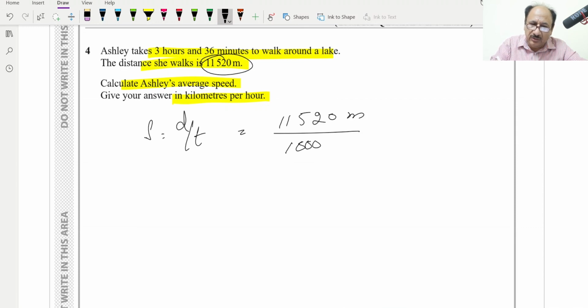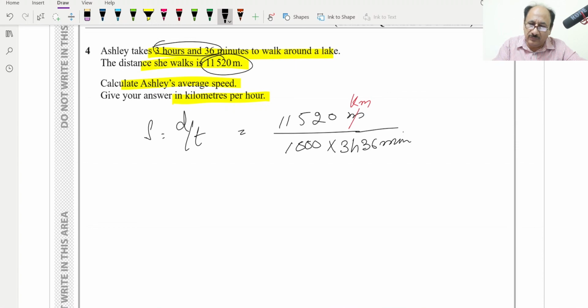Now this will change to kilometers. Now what we have done, we have taken the distance and converted it into kilometers. And now we will divide it by the time, and the time taken is 3 hours and 36 minutes.